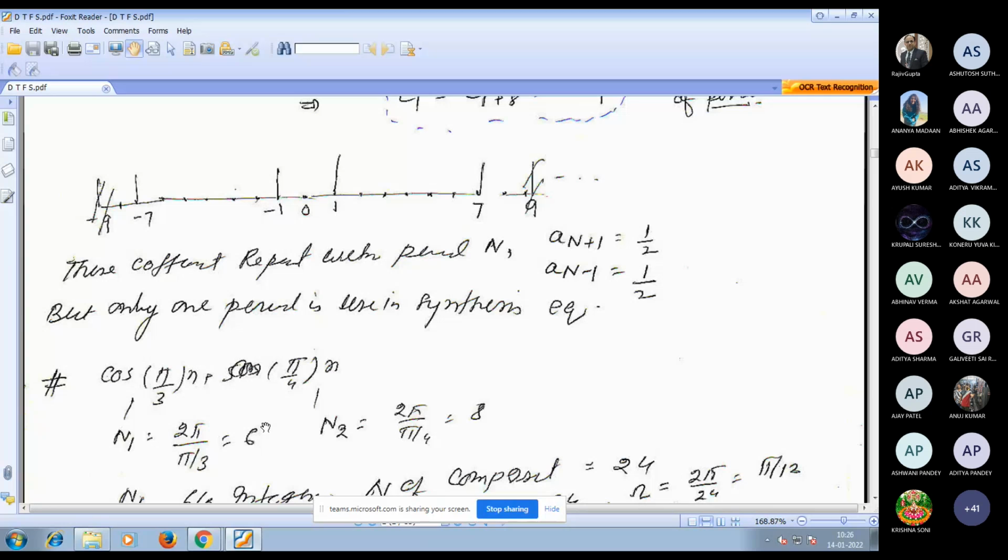Yes, sir. What will you do for this question? First of all, we will expand it in the form of e power minus j pi by 3 into n, and then we will compare it with summation a k. Do you have to compare directly, or do you want to find out something first?